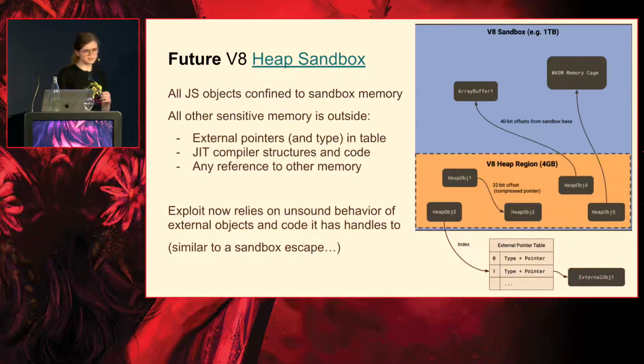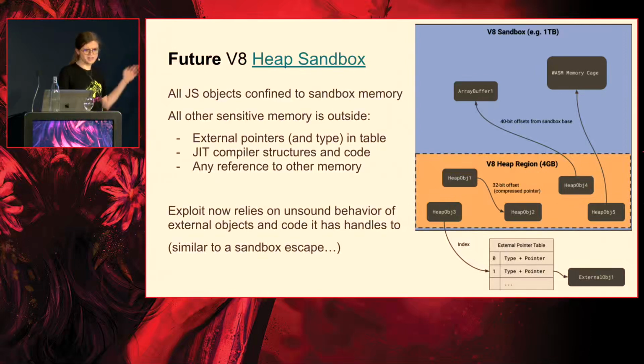This mitigation essentially makes it so that all of the objects in the JavaScript heap are going to be stuck within this 4 GB region. This is partly possible because V8 recently switched to 32-bit pointers to save memory. So that makes it a lot easier for them to just say, here's a 4 GB slice. Your pointers are 32-bit. You can't access anything outside of it.